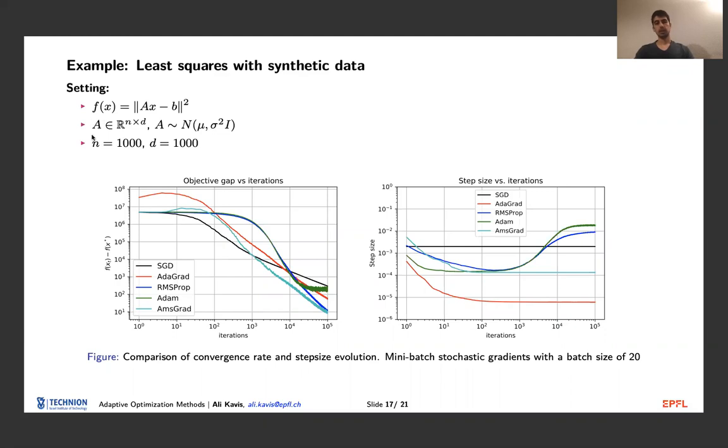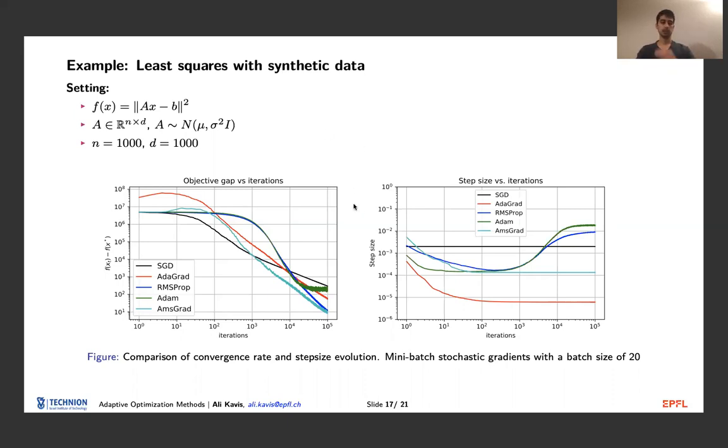After generating A, we generated B by picking an optimal value X randomly, multiplying it with A, and then adding a little bit of perturbation to obtain B. So A is here a square matrix, and all of the methods start from the same random point. The way we compute their stochastic gradients is that we randomly select 20 data points from the matrix A every iteration, and we compute our mini-batch stochastic gradient estimates using these random data points.